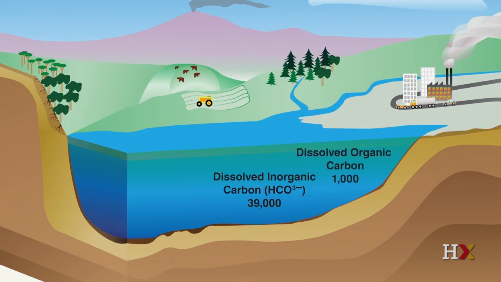There's also a fair amount of dissolved organic carbon in seawater. This is the result of phytoplankton and zooplankton, the organic material from algae and bacteria and all of the other living organisms and dead remnants of those living organisms in the ocean. And this, all in all, amounts to about another 1,000 gigatons. So even, again, larger than the whole terrestrial biosphere.